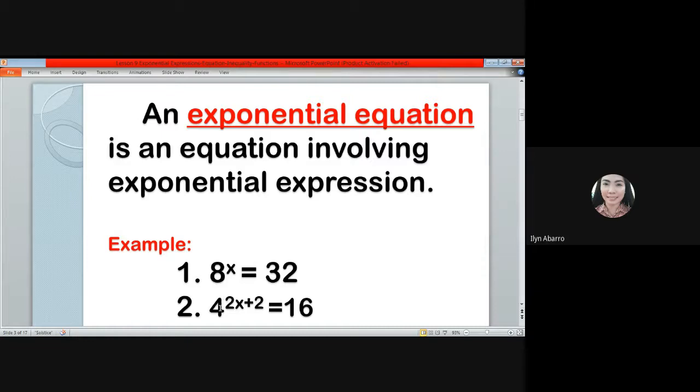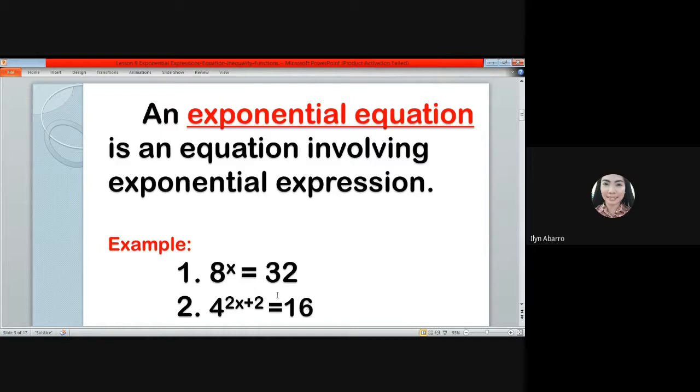Okay, number 2, let us check. In here, our exponential expression is at the left side also. Our base is 4, that is greater than 0. And our exponent is 2x plus 2, and there is a variable in the exponent. So this is an exponential expression at the left side, equal to 16.